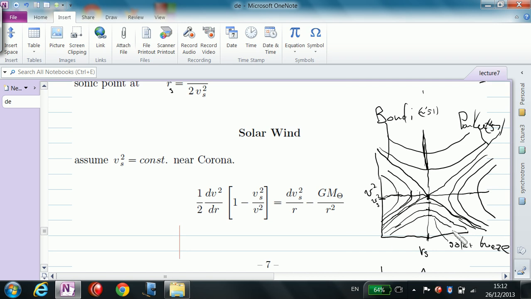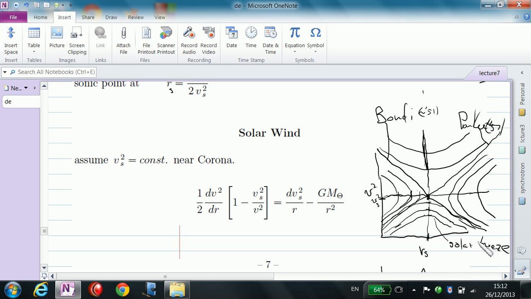No, they're solutions, but they're not the solutions that nature picked. Because if nature had picked them, the pressure at this point would have had to increase with radius from there on, and that does not correspond to reality.